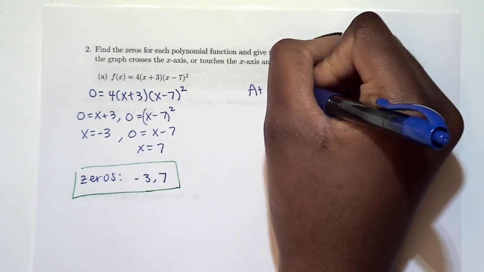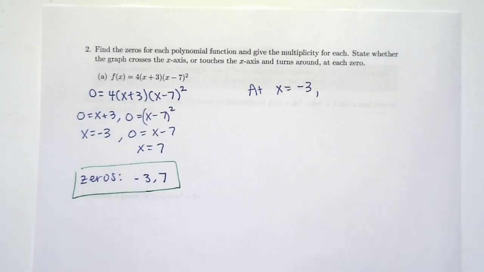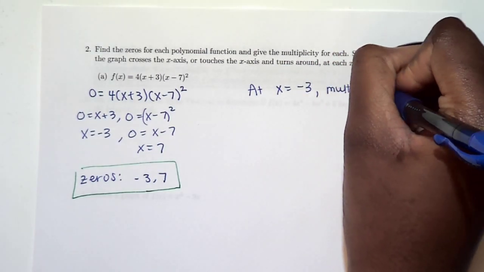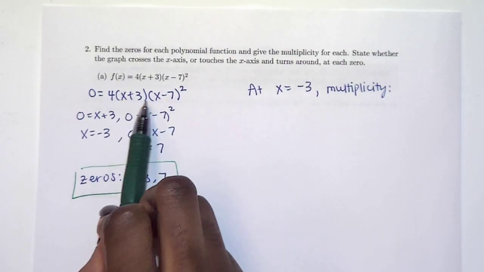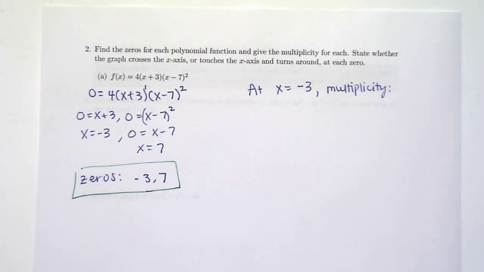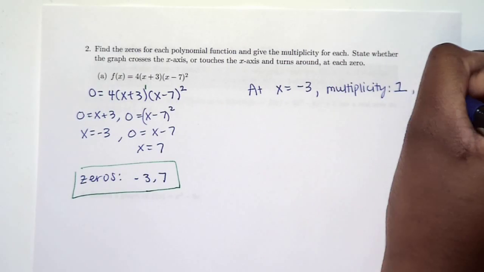At x equals negative 3, that's one of our zeros, we can talk about the multiplicity. That's basically how many times do we have this 0 of negative 3? Well, it's based on how many factors we have right here. There's only one. The multiplicity is 1, and 1 is an odd number.